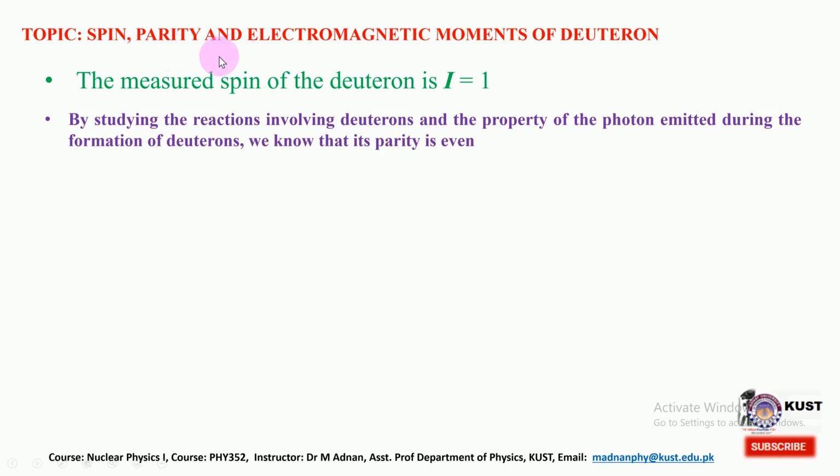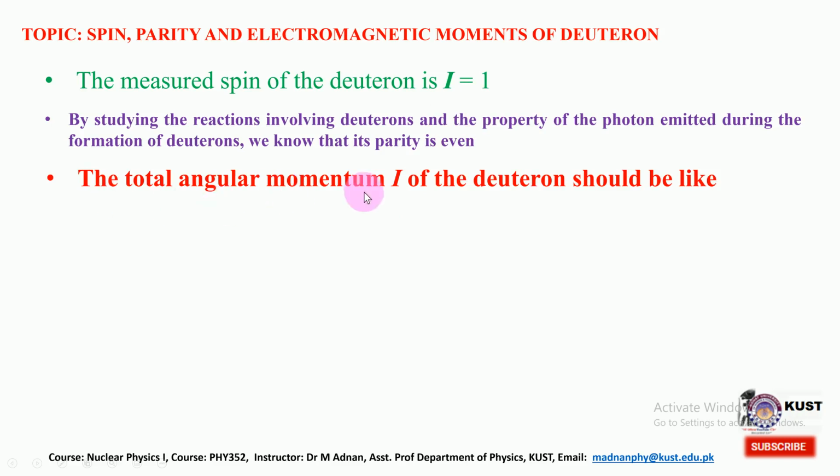So we have discussed these aspects generally, so you need to refer to those lectures, and here we will be discussing these aspects regarding the deuteron. So the first thing is that the spin of deuteron is 1 and the parity is even. So we'll see how one can justify these numbers.